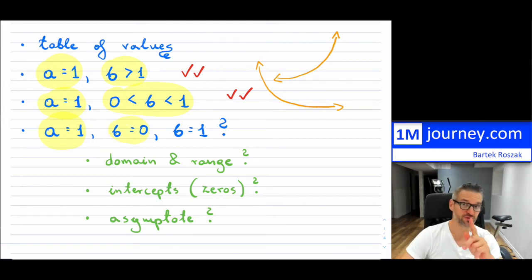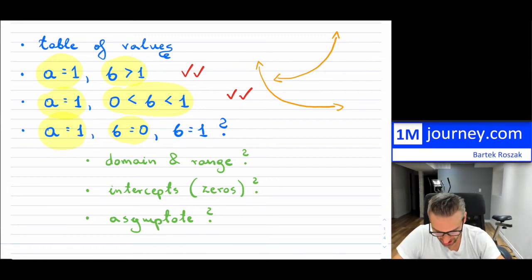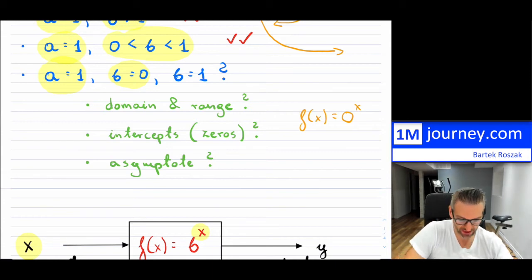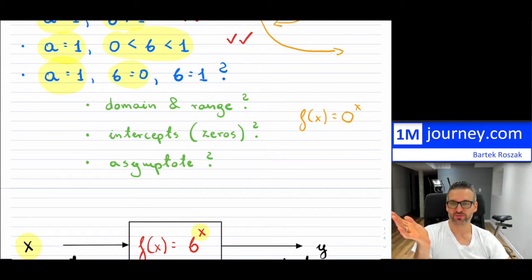But it does force you to try to understand exponents a little bit. Now, if you take this case, I'm going to just write this. What that would mean is we would have our function, let's say f of x is equal to, so our base is 0, and then it is raised to the exponent of x. And nothing really happens when x is positive.